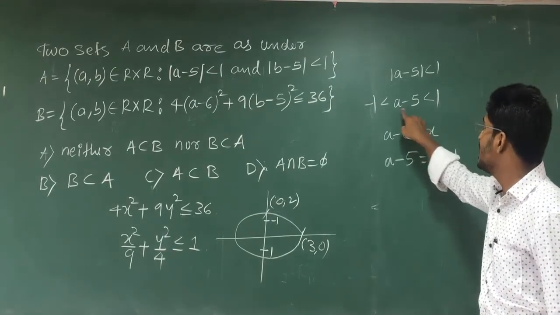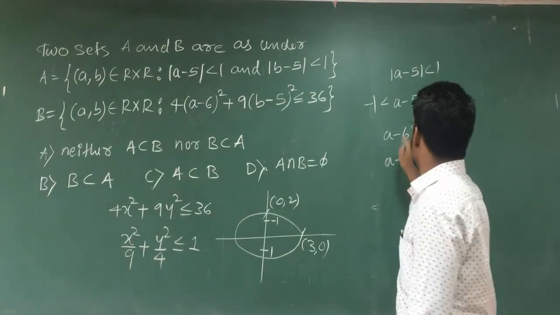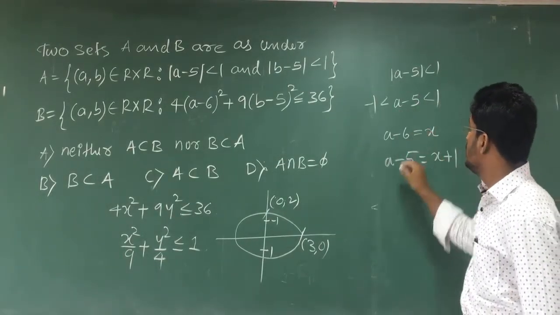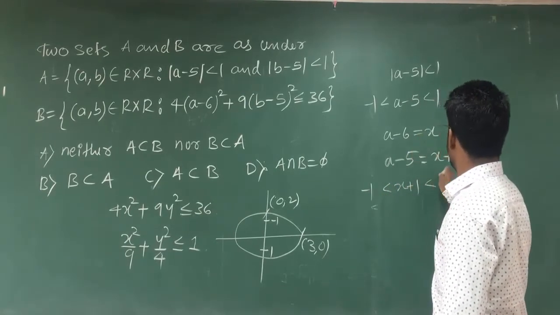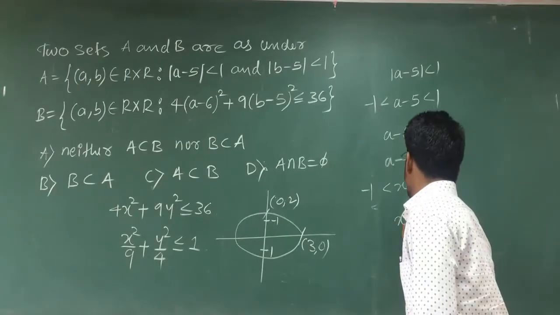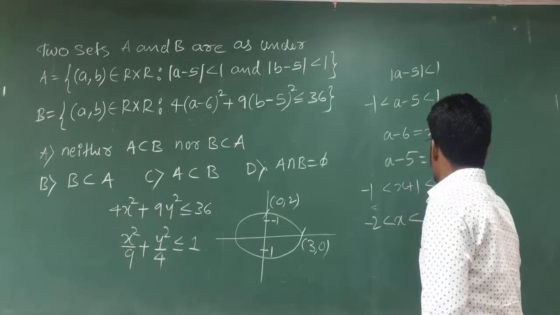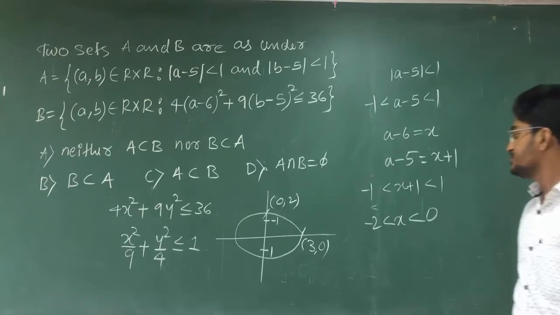In the place of A minus 5, I can write x plus 1. So x plus 1 is in between minus 1 and plus 1. Further, if you simplify, x will be in between minus 2 and 0. Clear? Okay.